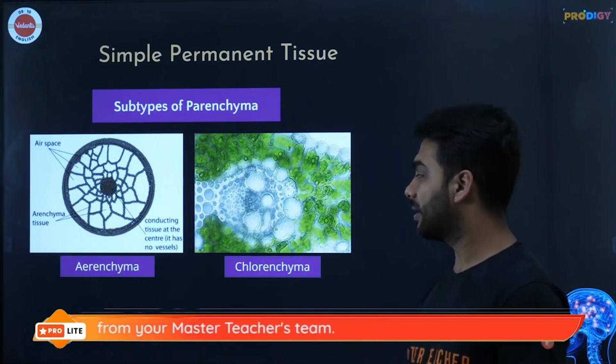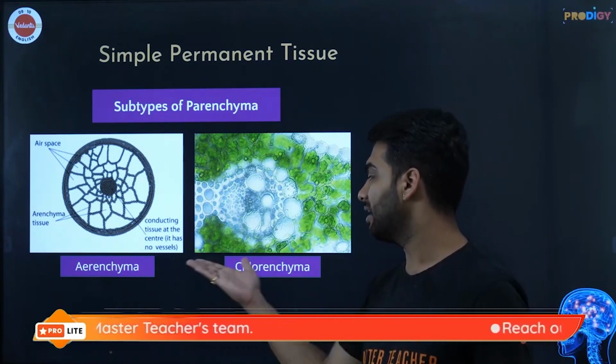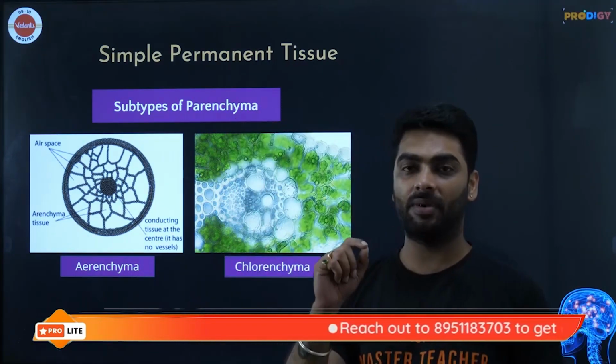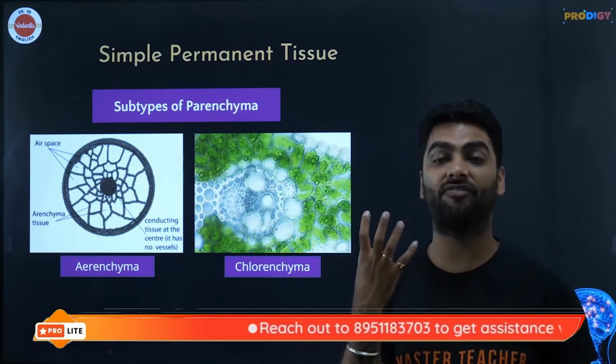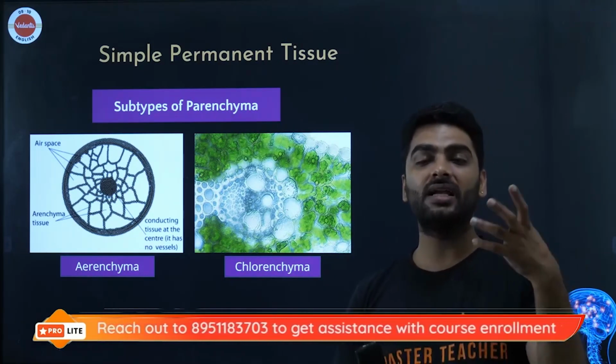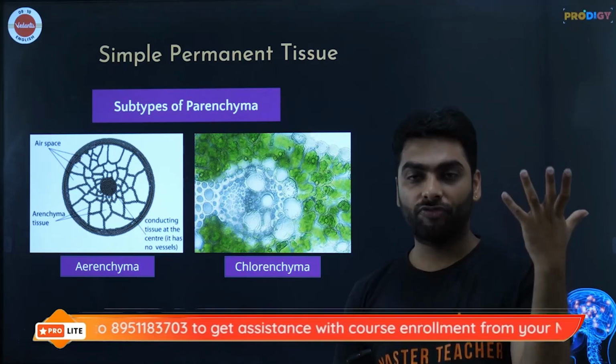Now, there are subtypes of parenchyma, that is aerenchyma and chlorenchyma. Aerenchyma are the tissues that are filled with air. For example, in the lotus leaves, why does a lotus leaf float on water?